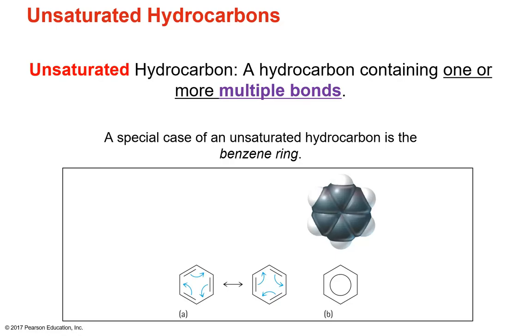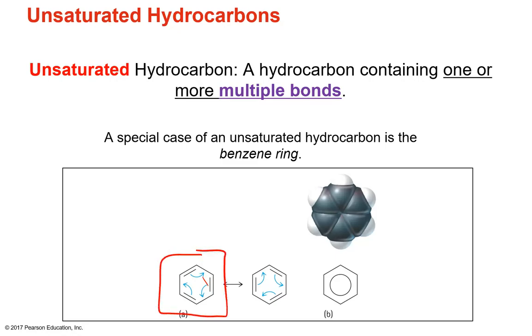So we talked about the difference in saturated and unsaturated. Unsaturated, you have a double bond, or you can have a triple bond, or in this case, what's called a benzene ring. How many carbons do you see in this structure right here?